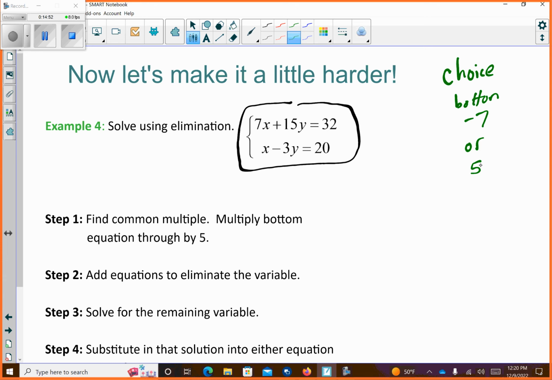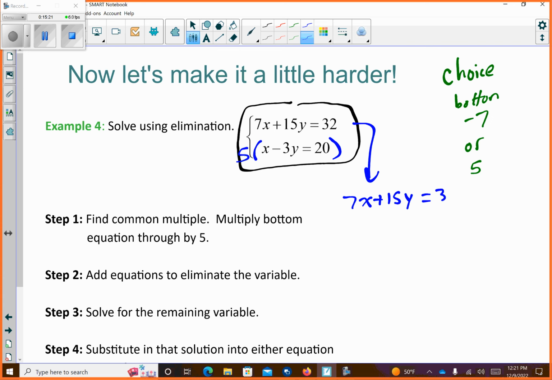Now, I kind of like 5 better than negative 7. It's a smaller number, but it also means we don't have to worry about changing signs. And also a nice thing is, how many times does 3 go into 15? 5 times, right? I always like to solve ones that have nice, easy multipliers to each other, because eventually you will learn factoring.